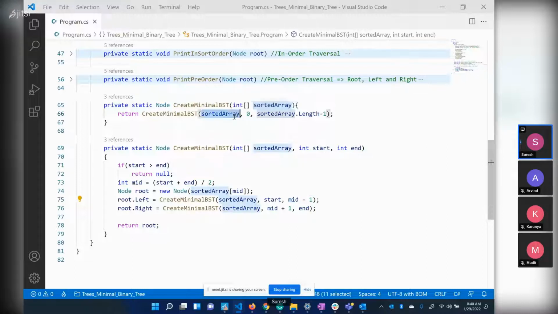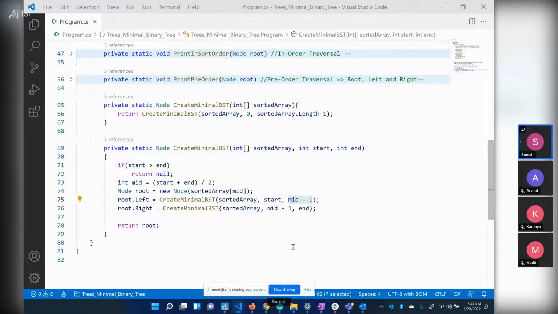So we are always setting the boundaries. When you start, initially 0 and length minus 1, take the whole elements, find the mid value, create the root. But when you are doing for the left side, after you create the root, take the array, but start from start, take until mid minus 1. So here is the mid value.